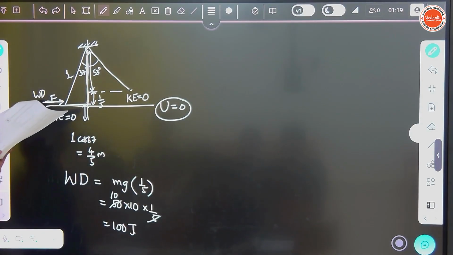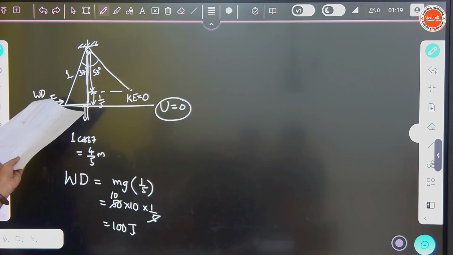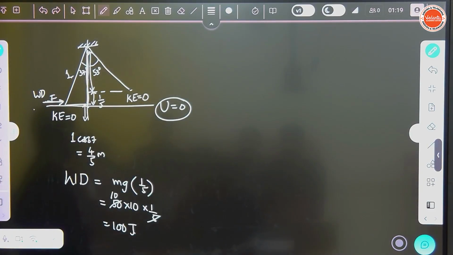This person, the force applied by this person. Gravitational force, that is this one.